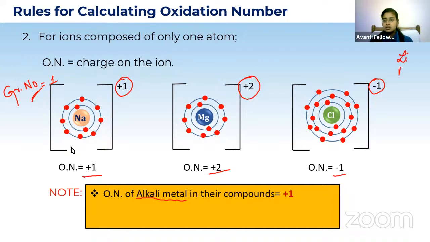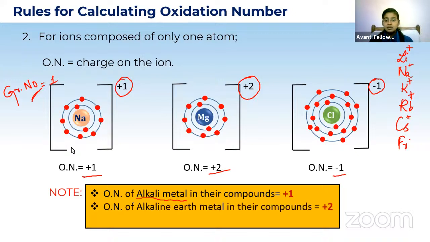Lithium, sodium, potassium, rubidium, cesium, and francium. All these belong to group 1, so all of them carry +1 charge: lithium plus, sodium plus, potassium plus, rubidium plus, cesium plus, and francium plus. Okay. For all the alkali metals, the number is +1.